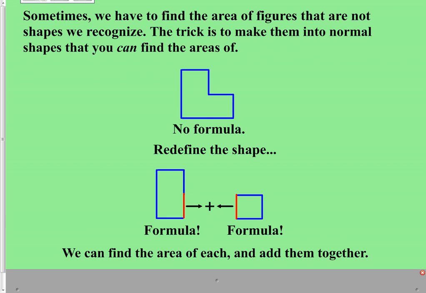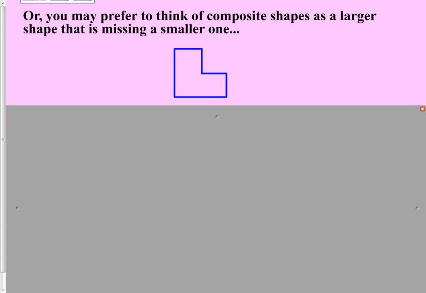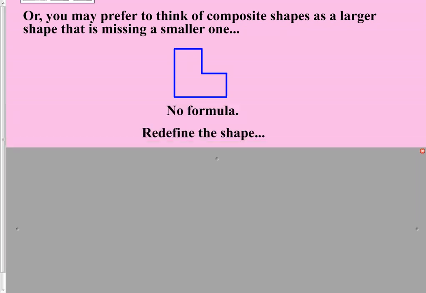Now, another way of thinking about this would be like this. You may prefer to think of composite shapes as a larger shape that is missing a smaller one. So again, no need to copy this guy down again. You already have him. We've already said that we have no formula, so we would come up with an alternative definition for this concave hexagon.